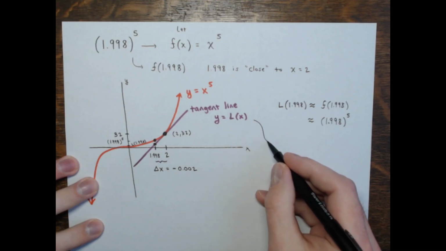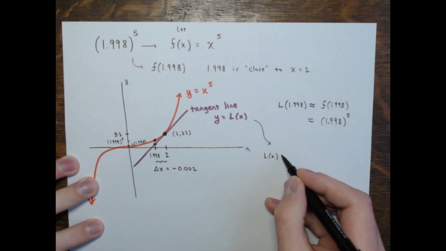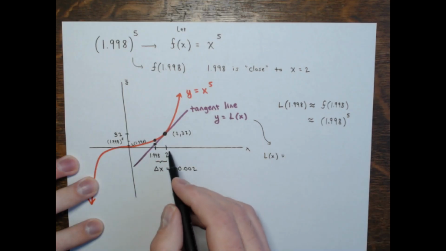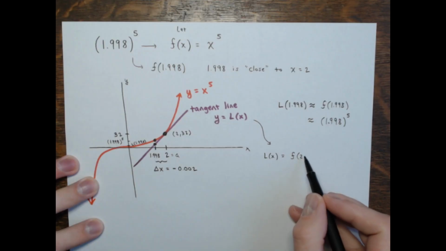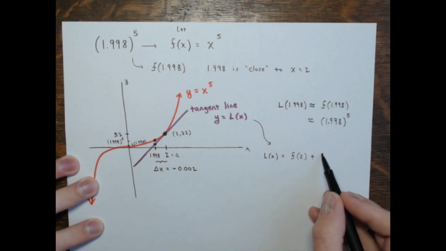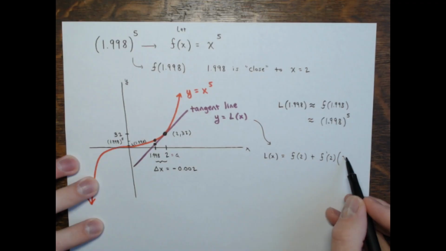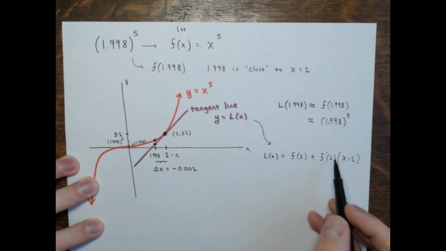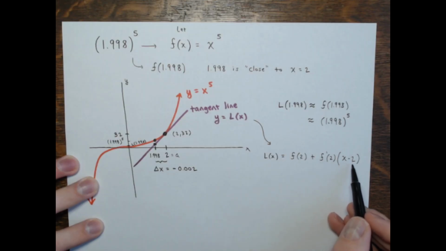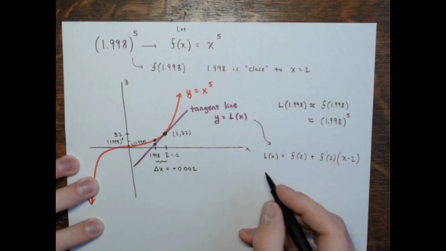So again, I brought this up on the last one. So remember this L of x, this tangent line function. Well, here, a is 2. The nice value we're at here is 2. So it's f at 2 plus f prime at 2 times the quantity x minus 2. This is the f at a plus f prime at a times the quantity x minus a, but now the a value is 2. So we need f at 2, which we have.